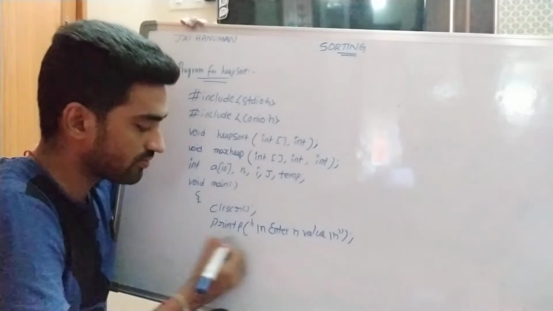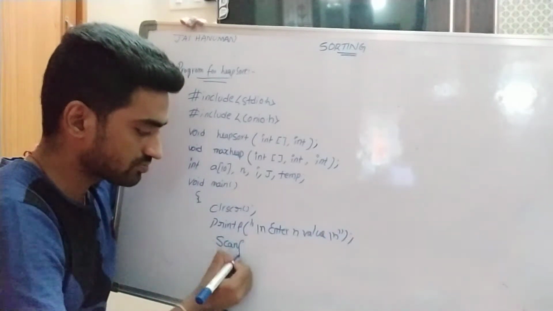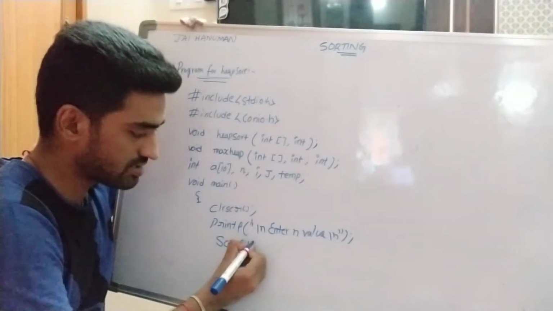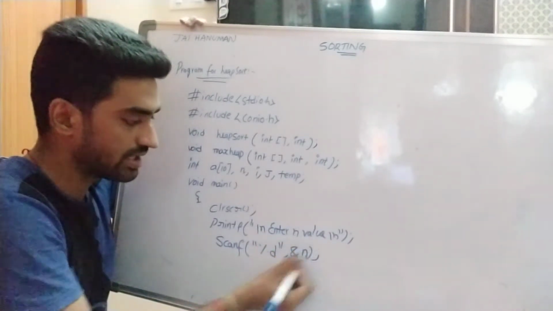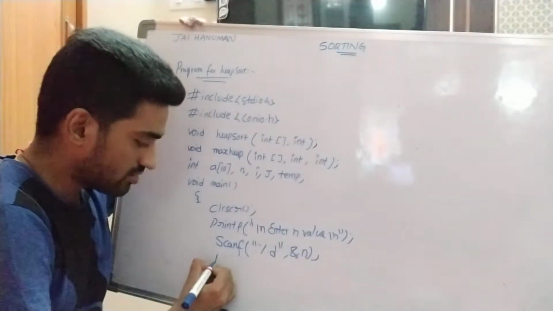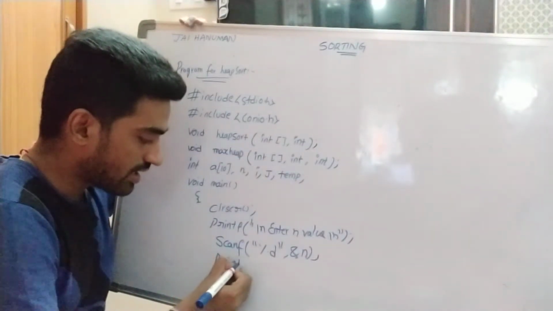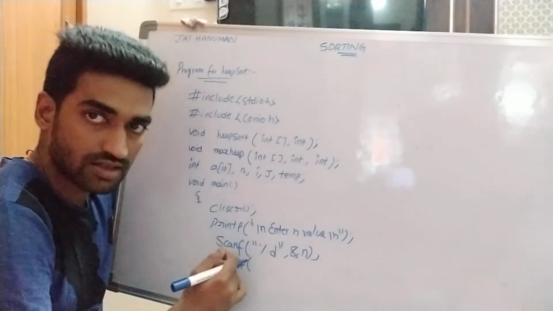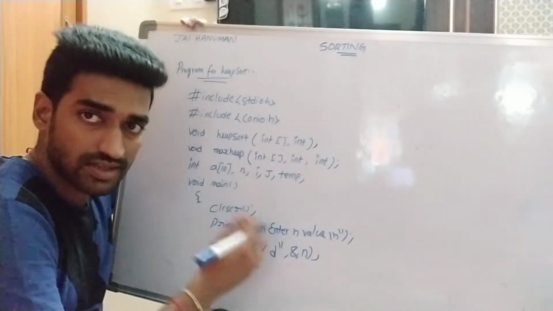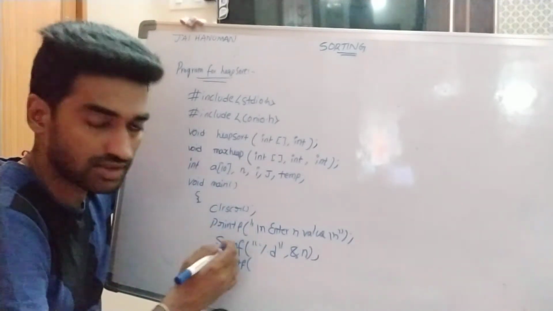I am reading the n value with the help of the scanf function. It is an integer variable, so %d, and also specify the address of the n variable. Then we read the elements of the array one by one. That is an iterative operation, so for that purpose I am considering a loop.